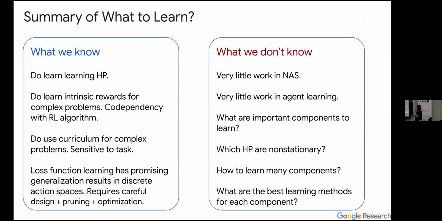Things that we don't know. Richard mentioned, and I know some of you work in this space, there's little work on NAS. Some of the work that we had suggests that rewards and so on seem to be the bigger problem du jour for the reinforcement learning community, and NAS has been neglected. Hopefully that's going to change.